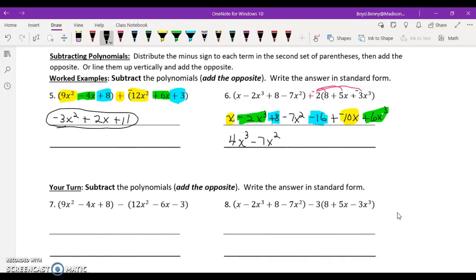Okay, so I've done my cube terms, I've done my squared terms. Now I'm going to do my x's. So I've got a 1x plus a negative 10x for a negative 9x. Notice this thing's working out in standard form as I work through it. And then the last two that I'll do is my two constants. 8 minus 16 is going to give me a negative 8.